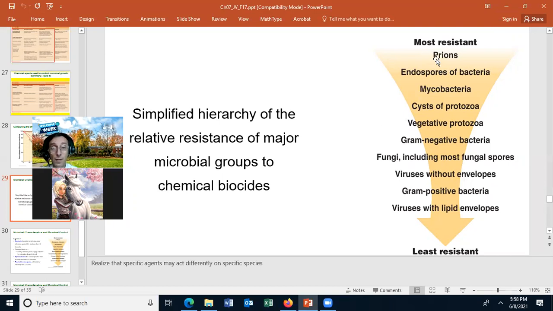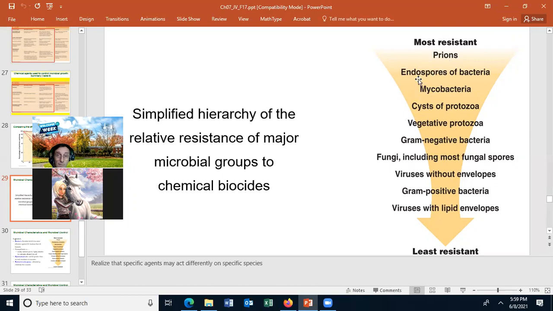But the point is, prions are the most resistant microbe to all of the chemical agents. Now, prions are not a normal organism because they don't have cells. In fact, all they are is a special protein.